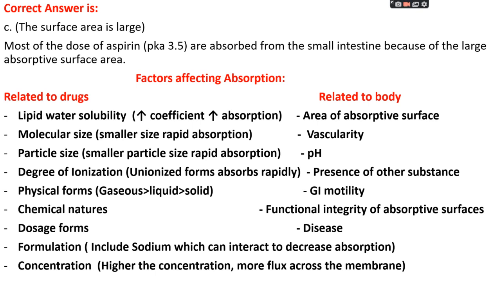GI motility is another factor: sometimes rapid motility leads to faster excretion of the drug and altered absorption. Similarly, the functional integrity of the absorptive surface may be altered by disease or accidents, decreasing absorption. Certain disease conditions also affect drug absorption.